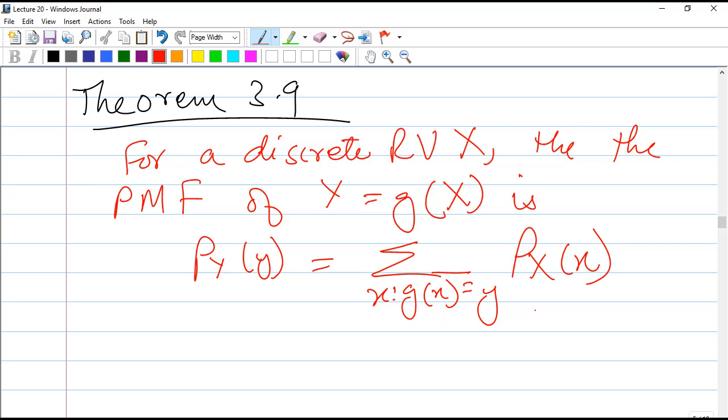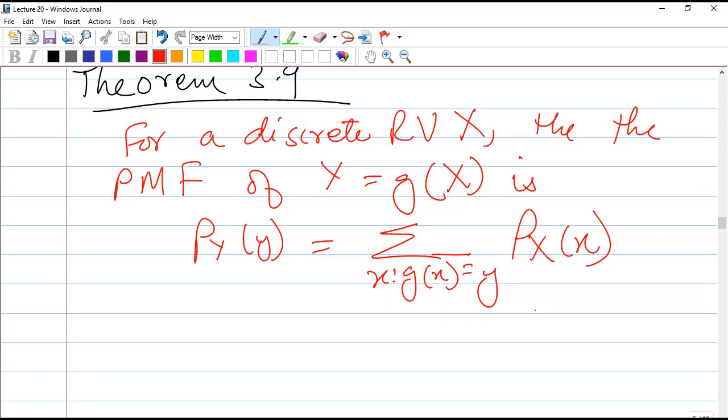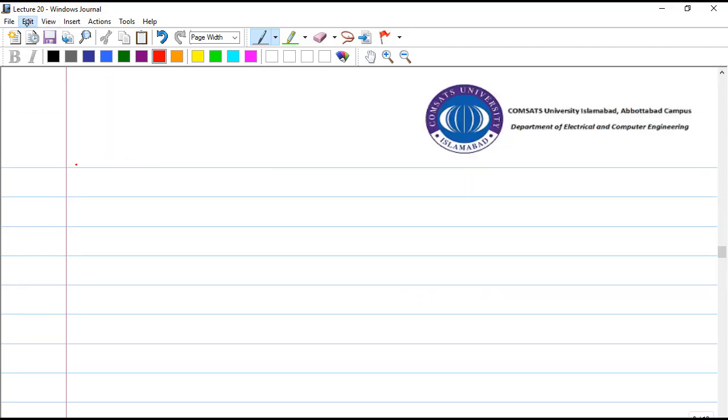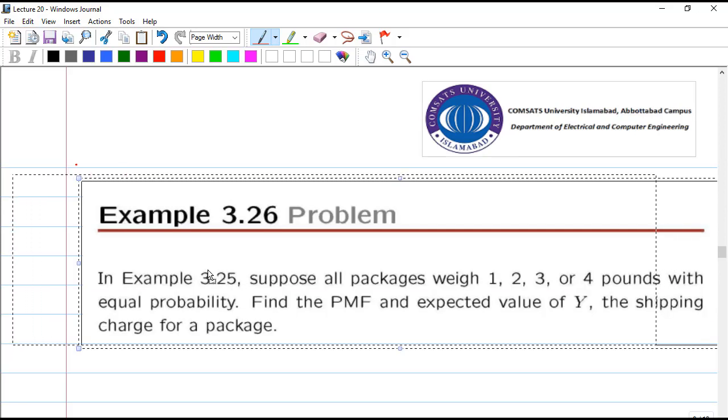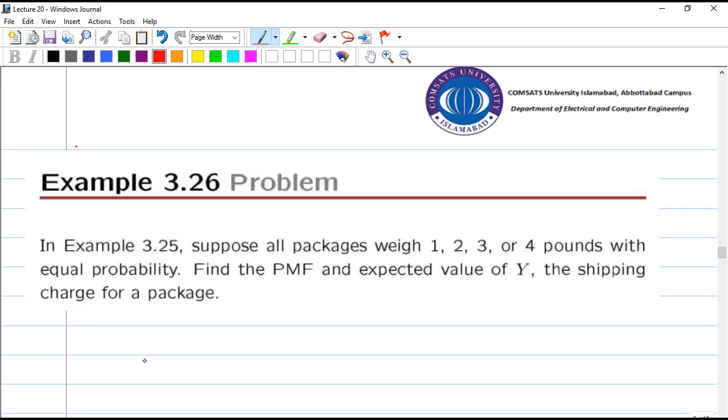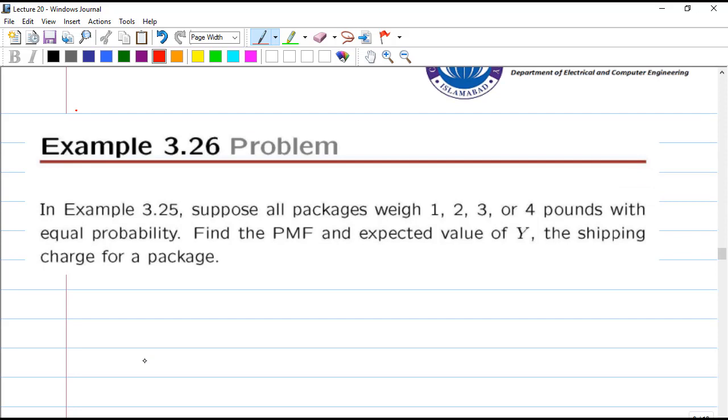Now let's look at an example from the book. Let me copy this example and paste it here. It is the continuation of the previous example. It says: suppose all packages weigh 1, 2, 3 or 4 pounds with equal probability. Find the PMF and expected value of Y, the shipping charge for a package.